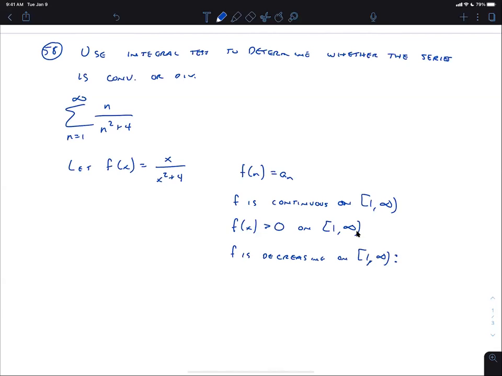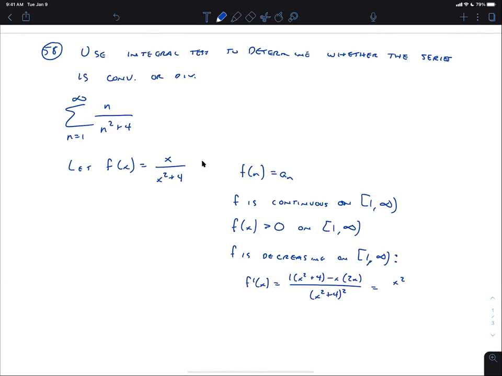To show that, we show that the derivative is negative. So f prime, we use the quotient rule here. So it's the derivative of the top times the bottom minus the top times the derivative of the bottom over the bottom squared.